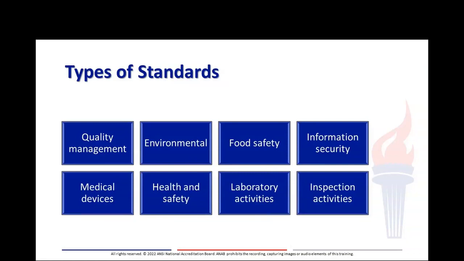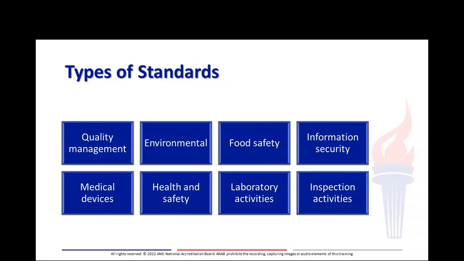There are many different types of standards. Some we are more familiar with, like the quality management system standards, such as ISO 9001, or the environmental standards, such as ISO 14001. One that has gained momentum lately is the Information Security Standard, ISO 27001, which contains requirements for managing information security.